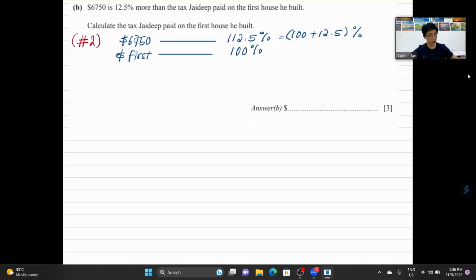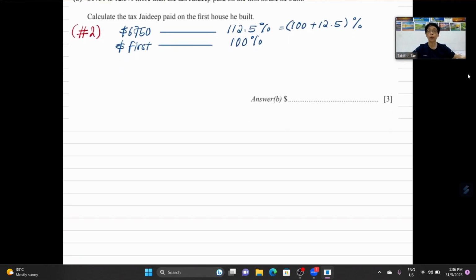What you need to do is arrange them into equivalent fractions, an equivalent ratio. So you put 6,750 over the first house, equivalent to the ratio 112.5% to 100%.